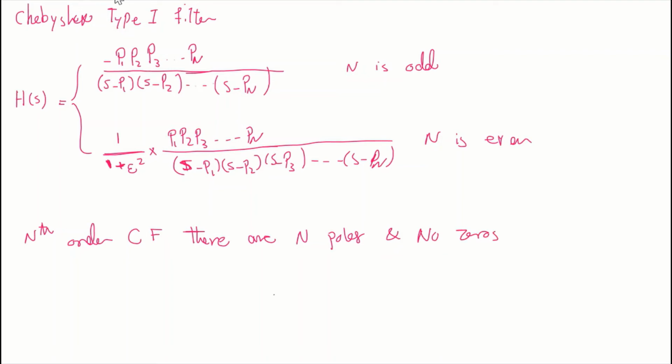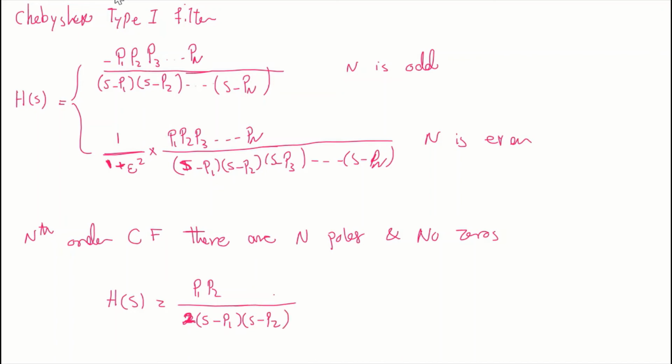For the case we are considering, epsilon here is 1, so we would have P1 times P2 over 2 times (S minus P1)(S minus P2).